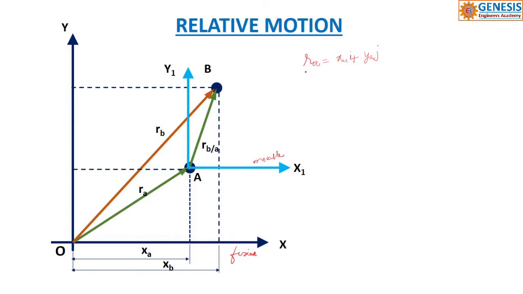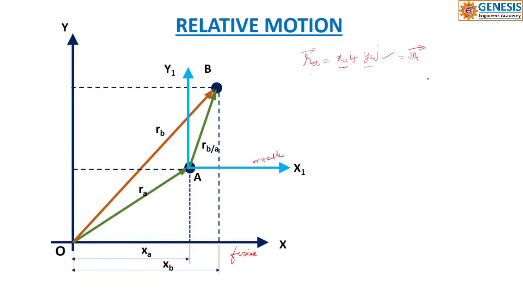This is the component of the position vector on the x-axis, and ya is the component of RA on j, that is the y-axis. These i and j are called unit vectors. So this position vector is nothing but OA.